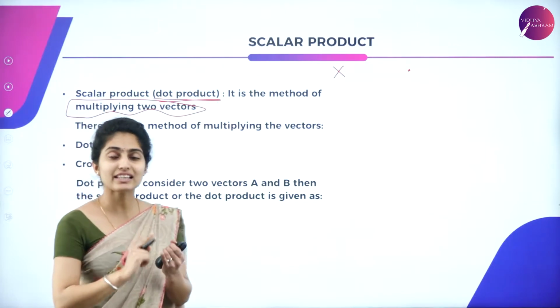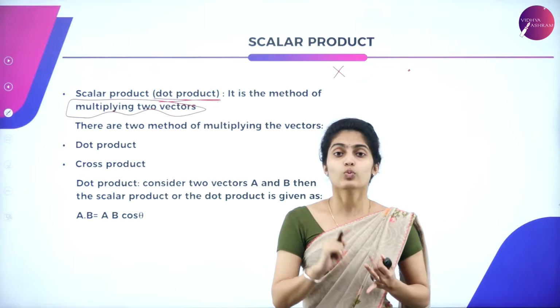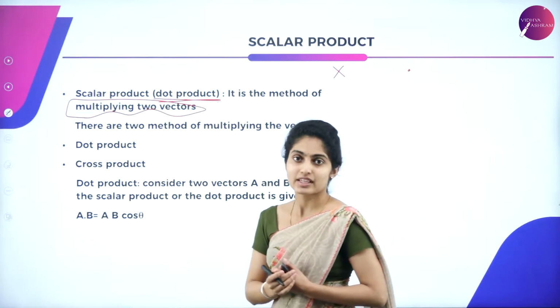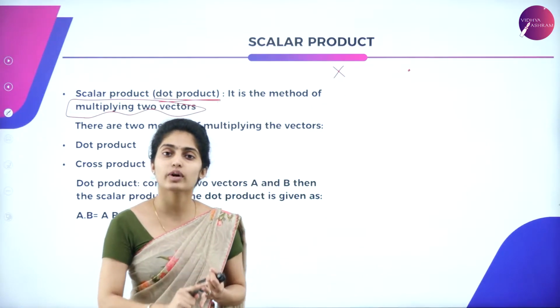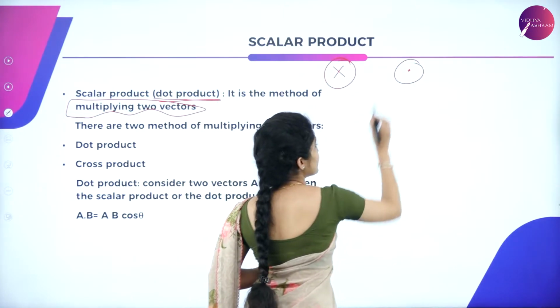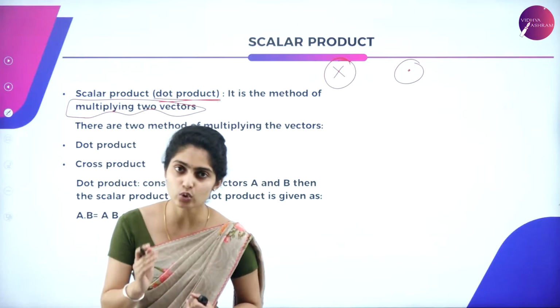We have seen the addition of vectors as well as subtraction of vectors, whereas the multiplication of vectors has two types: one is cross product, another one is dot product. So this is the cross product and this is the dot product, the methods of multiplying the vectors.